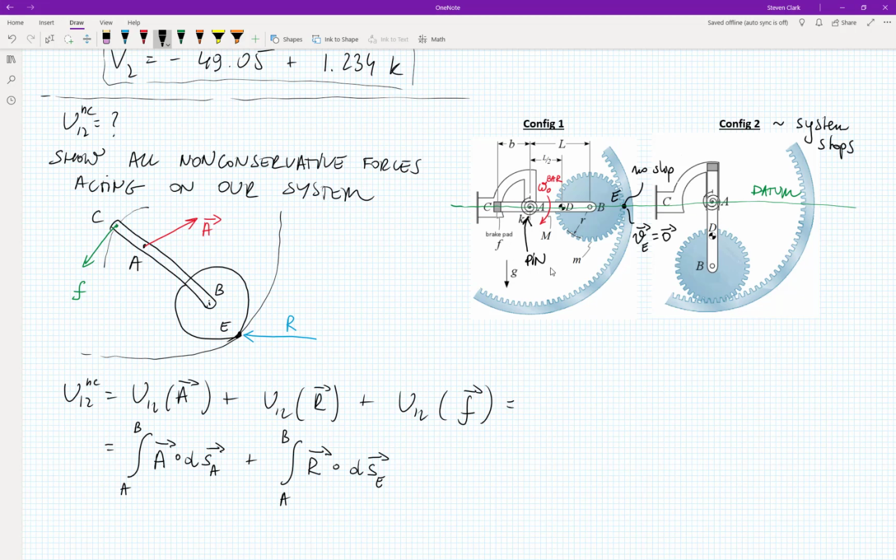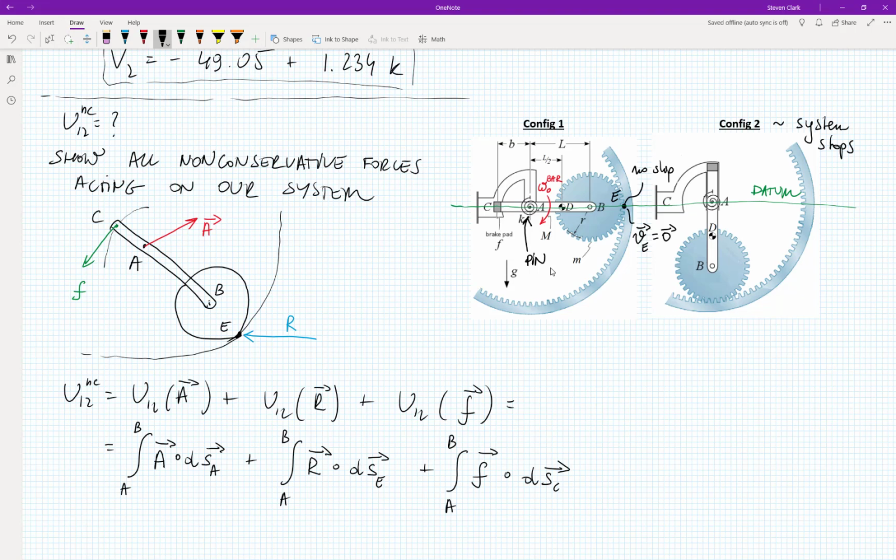Because our force R acts on point E, plus some integral from A to B of friction times the displacement of point C. Wow, so we must integrate these three integrals in order to find our work.